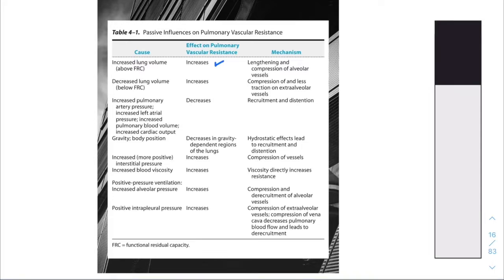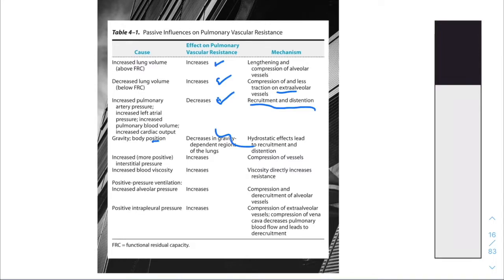Why? Because there is lengthening and compression of your alveolar vessels. Decreased lung volume below FRC, there would be compression of and less traction of your extra-alveolar vessels. Increasing pulmonary artery pressure, increased left atrial pressure or increased blood volume, increased cardiac output, your pulmonary vascular resistance decreases. Why? Because of recruitment and distension.